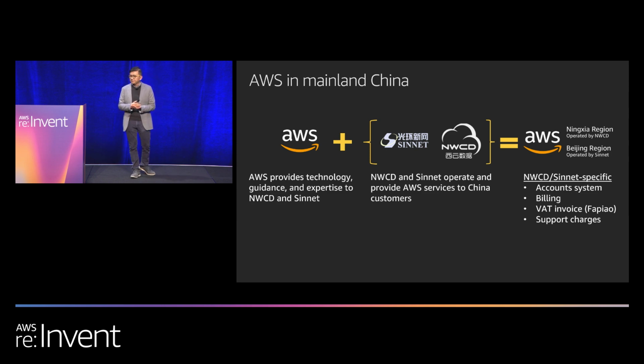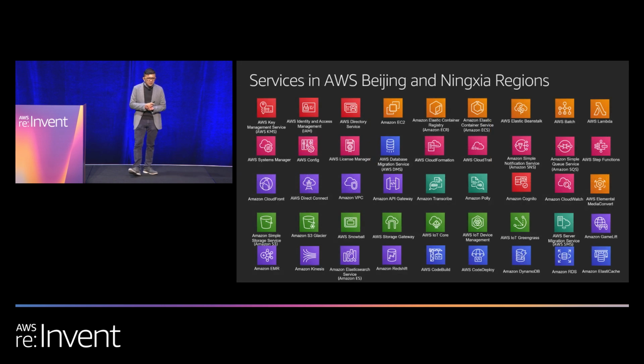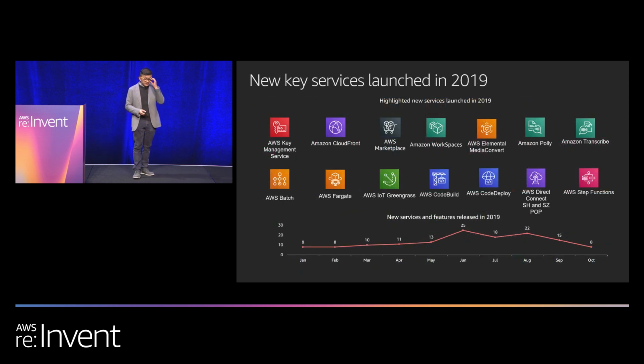If you take a look, we have made a lot of progress in our service launches in China. You see the majority of the services are available in China today. You name it, from the basic EC2, RDS, S3, to the latest Aurora, WorkSpaces, and so on. Just in 2019 alone, we have added a lot of services.